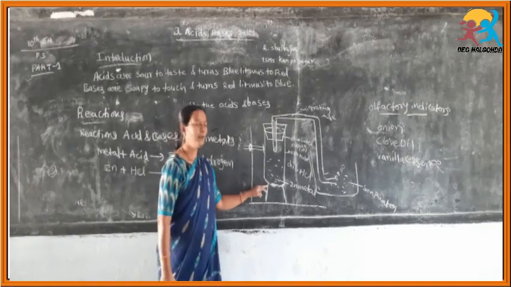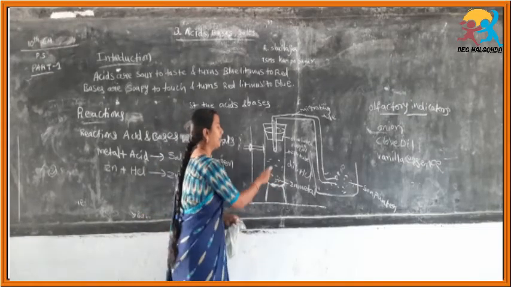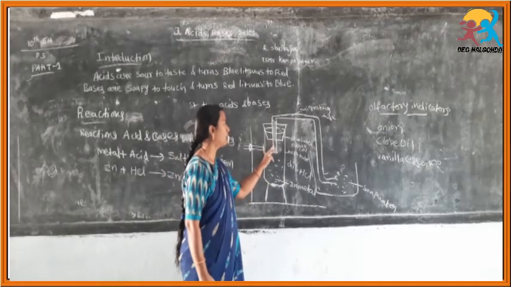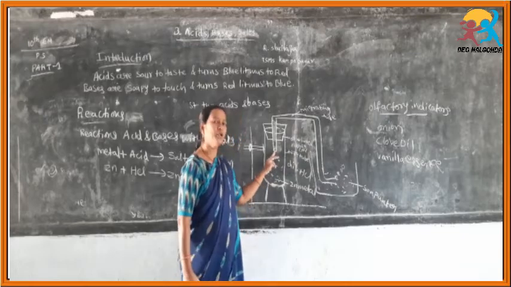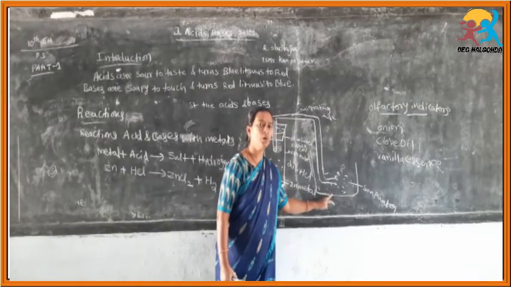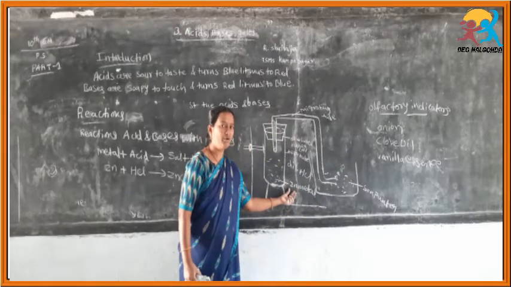Here the zinc metal you first place in the test tube, then add dilute HCl. Immediately you fix the one-hole rubber cork. Through this one hole you keep the delivery tube. One end you place in the test tube and the other end you place into the soap water. So the reaction starts between the zinc metal and dilute HCl.